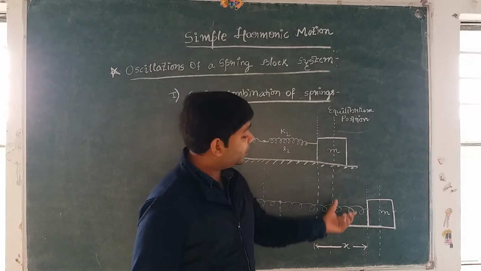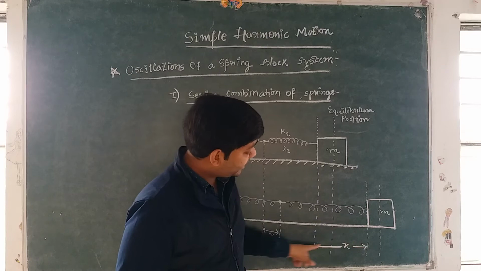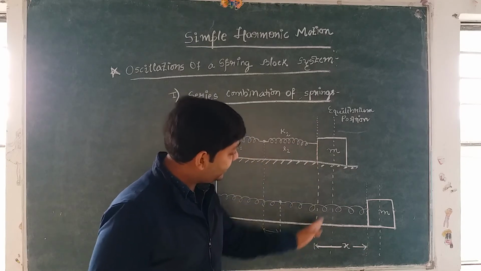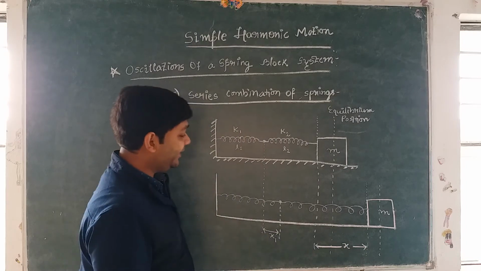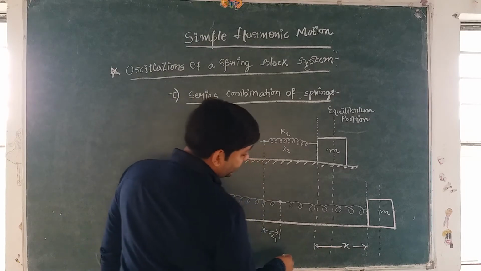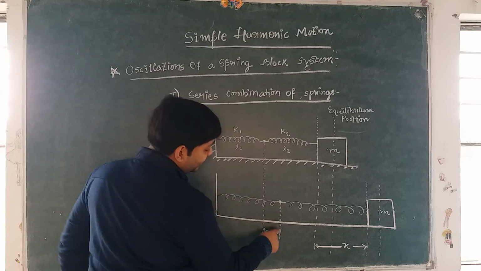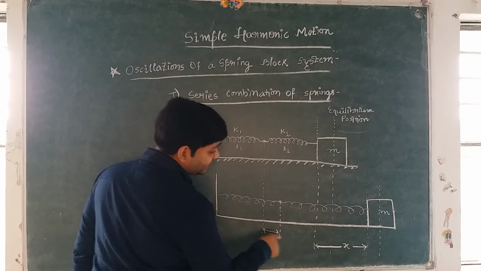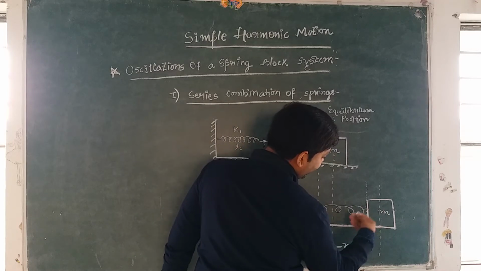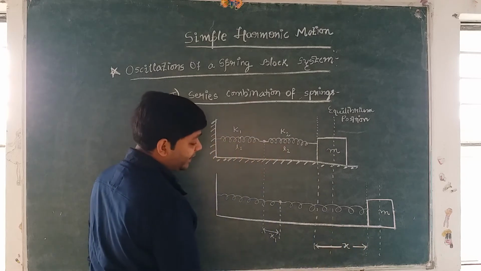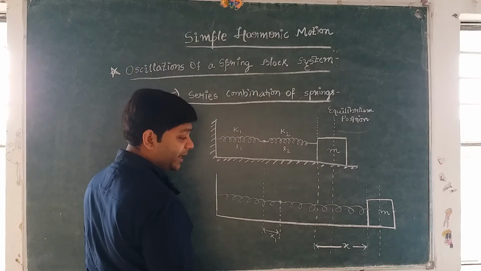Sorry, the displacement of this block is x, and therefore from this end to this end, this distance should be x. Agree? Fine. Because of the extension in spring 1, this extension is equal to x1, and there is some extension in spring 2, which is x2.